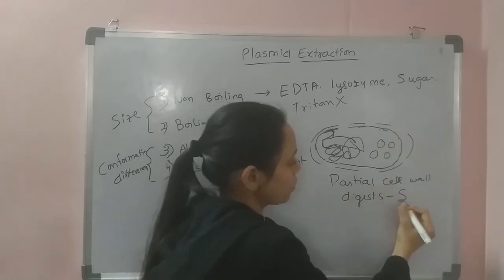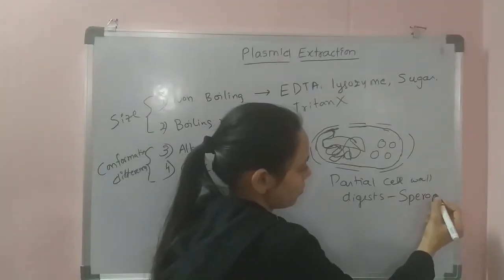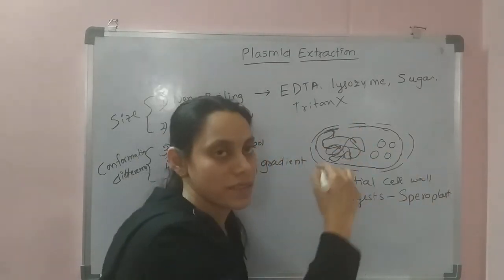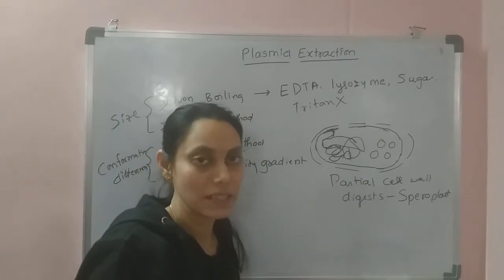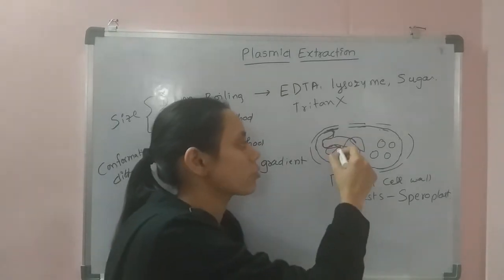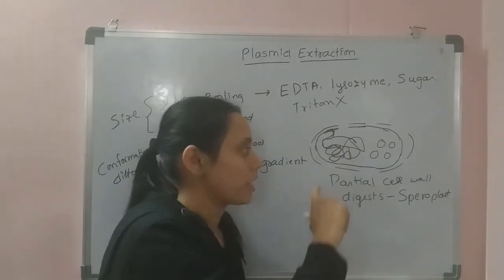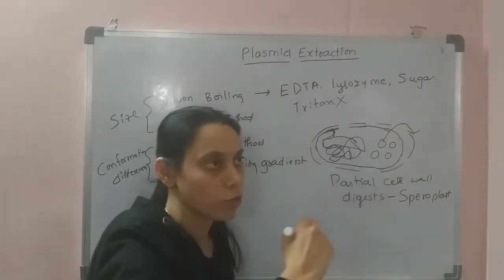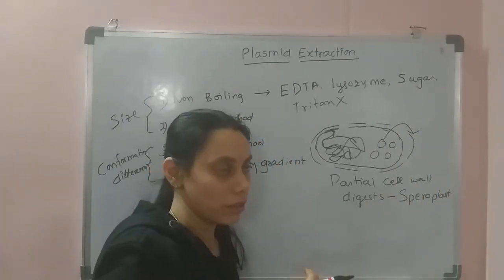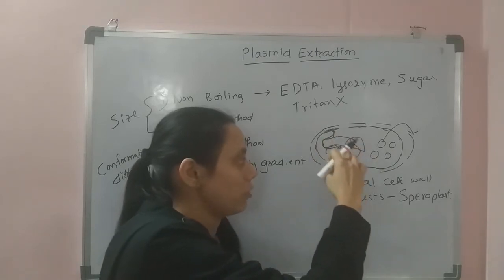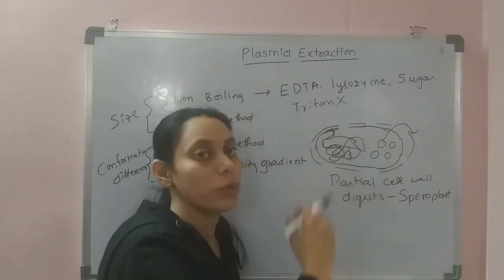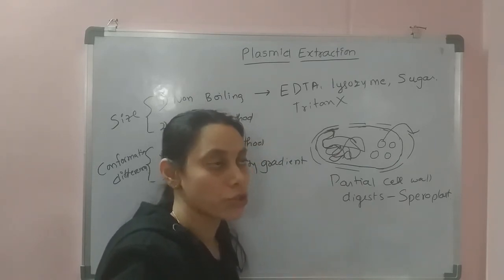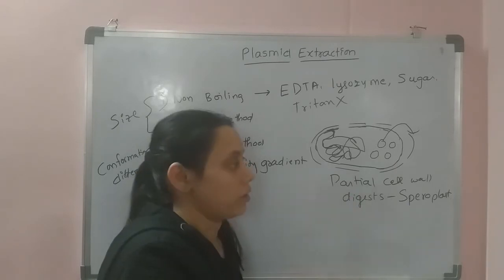are known as spheroplasts. So here these spheroplasts are formed, which are partially digested cell walls, so that the main chromosome will be still attached with the cell membrane, and plasmids will come out into the solution, so that the genomic DNA will be precipitated with the cell debris and other cell components, and in the solution we can find the plasmid DNA.